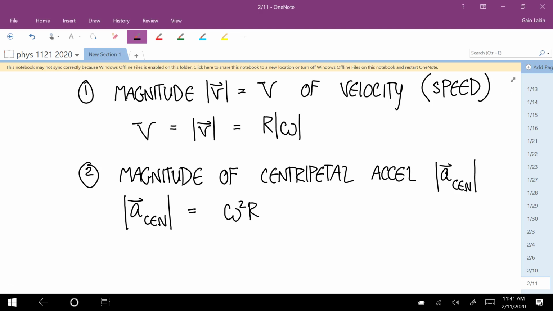And if you substitute the first one in here, that's also equal to v squared over r. And what are the SI units for omega squared r?